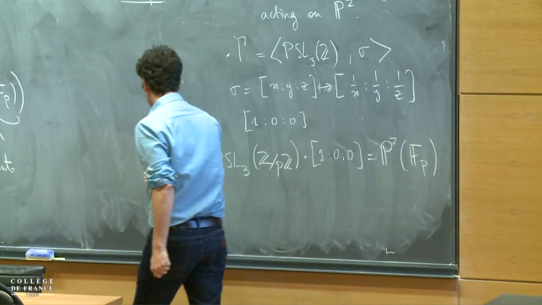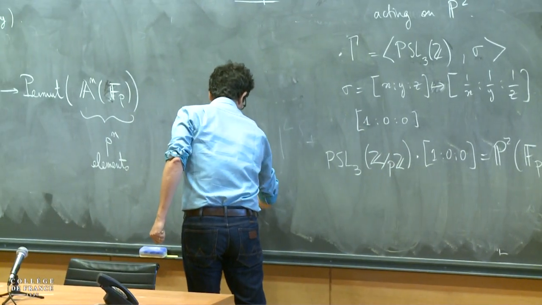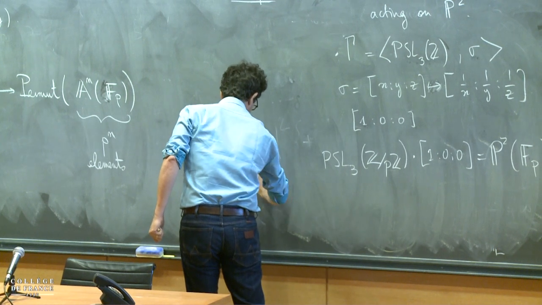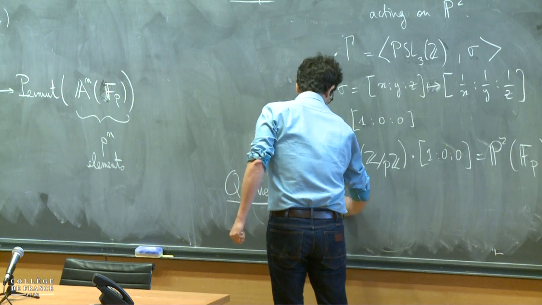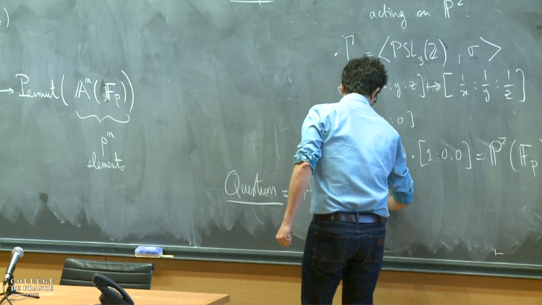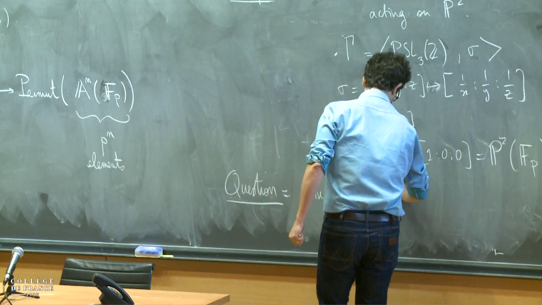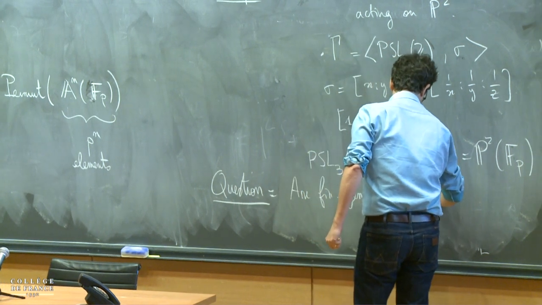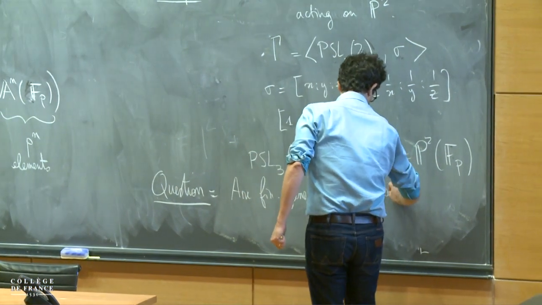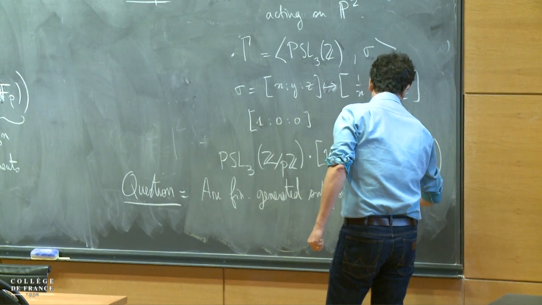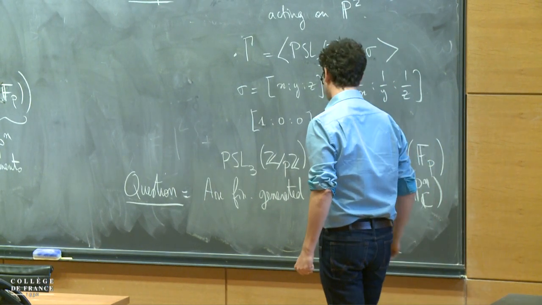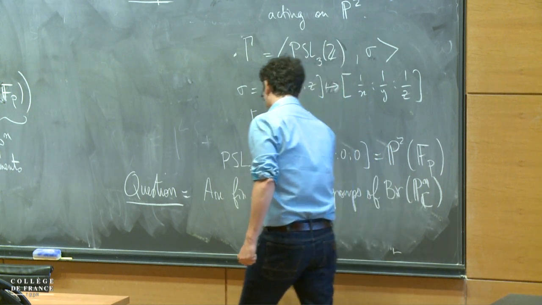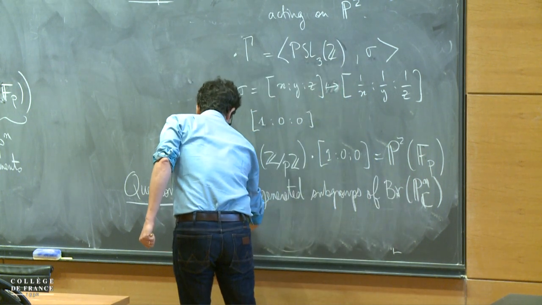And actually, I think it's not known. So the question is, are finitely generated subgroups of birational transformations of P^n, let's say over the field of complex numbers, residually finite?